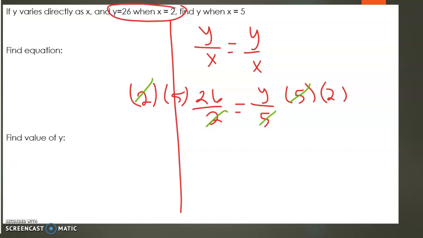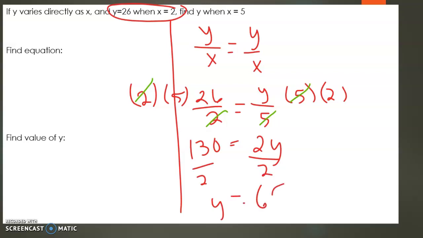And then I do my multiplication. 5 times 26 is 130 equals 2y. I divide both sides by 2. y equals 65. What is the value of y? y equals 65.